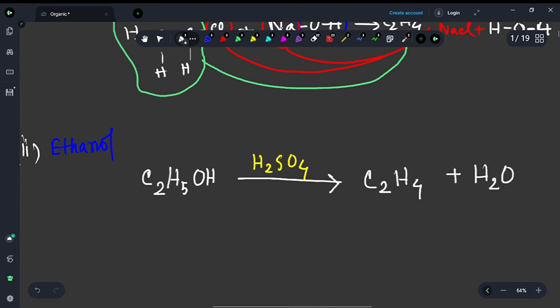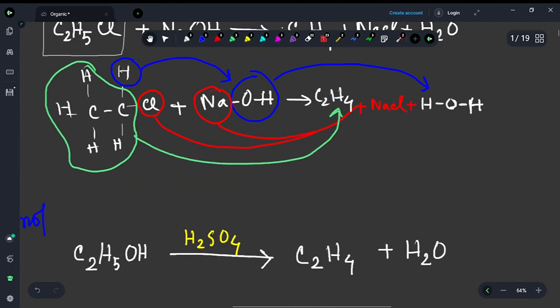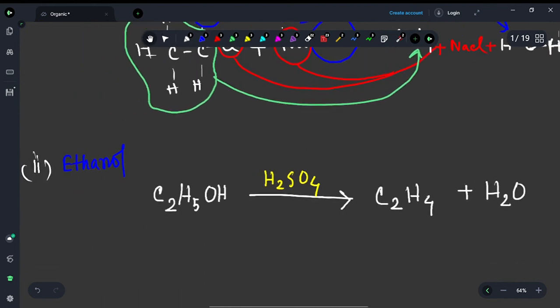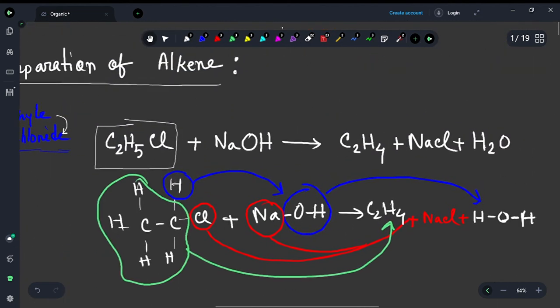So I'm just not gonna determine the structural description. You just do it at home and try it yourself. You can find out the structural description. And the third way, is there any third way? I guess not. So these are the only two ways you can produce alkene for just now.